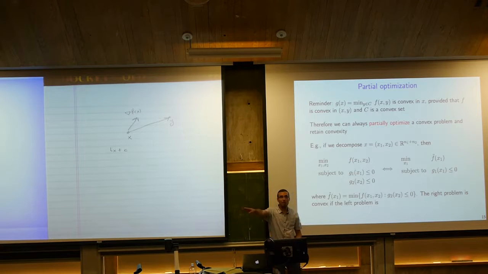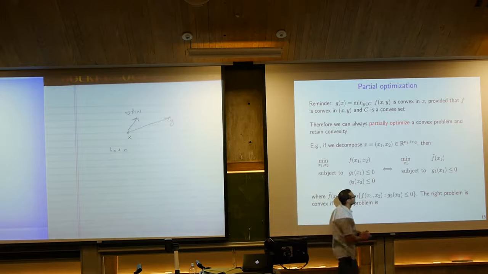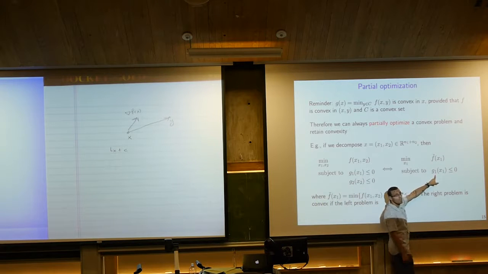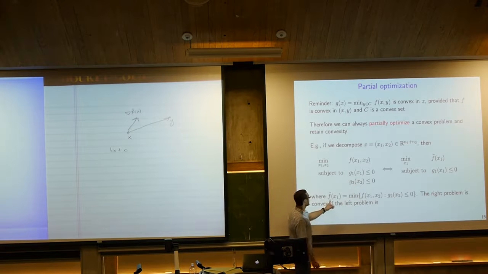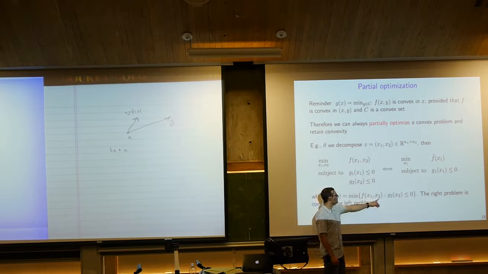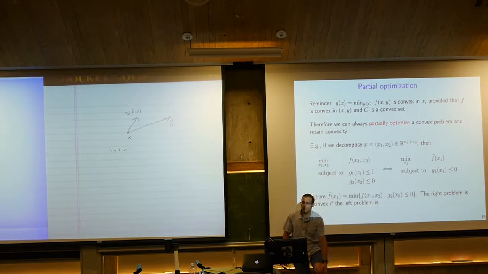If I want to minimize out over x2, if I can do that analytically, then I can redefine my criterion function to be f tilde. I've gotten rid of the x2 part, so I just have constraints on x1. And let's say f tilde is the minimum of f of x1, x2 over all x2 for which g2 of x2 is less than or equal to 0.